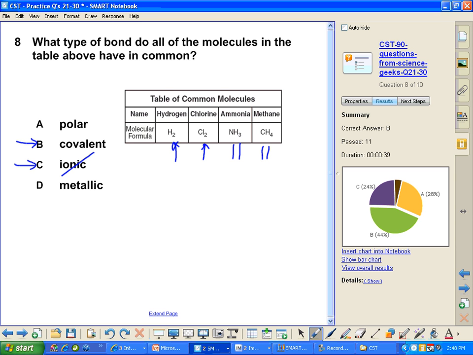All right? Is it polar? Well, maybe, maybe not. In this case, all of these molecules are nonpolar for reasons that I don't want to spend a long time on, but they're all nonpolar. And it can't be metallic bonding because there's no metals. So look what's left. Covalent. Yeah. So covalent was the answer on this one, letter B. Any questions here? Okay. A lot of people missed it.